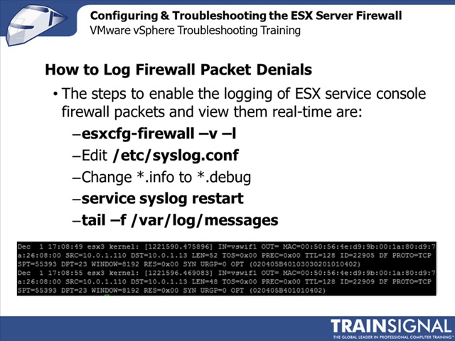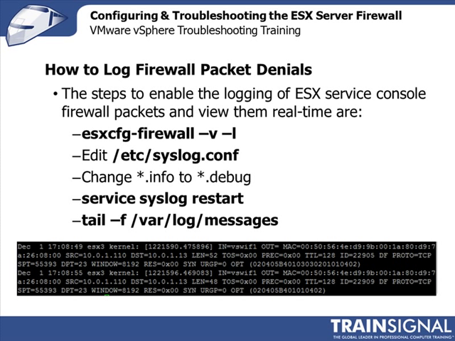The steps to do this are to first run esxcfg-firewall -v for verbose, which enables verbose level output, which actually debugs the firewall and then sends the packets that are denied to the standard logging output. The -l will reload the firewall configuration at that time. Then we need to modify our logging to go from info level logging to debug level logging.